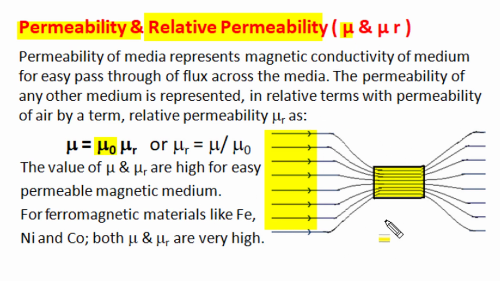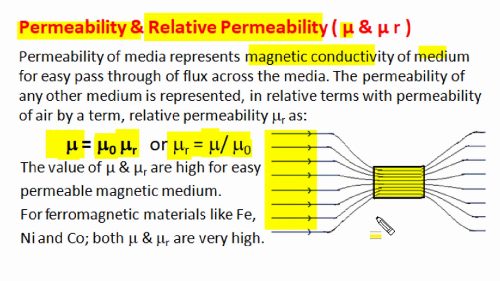In fact, permeability of any magnetic media represents the magnetic conductivity of the medium, and it represents how easily magnetic force lines or flux can pass through that media. The absolute permeability of any media is defined as the product of permeability of air multiplied by relative permeability, or we say relative permeability of any magnetic media is the ratio of absolute permeability of media to permeability of vacuum.